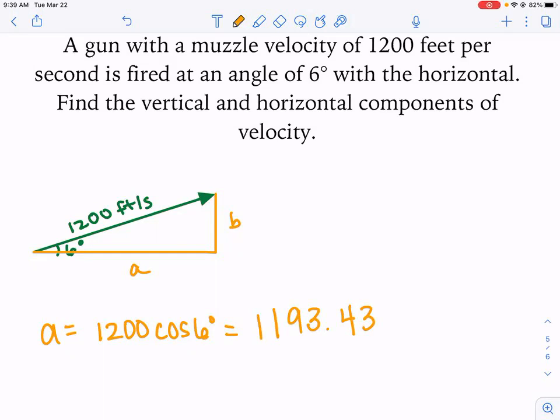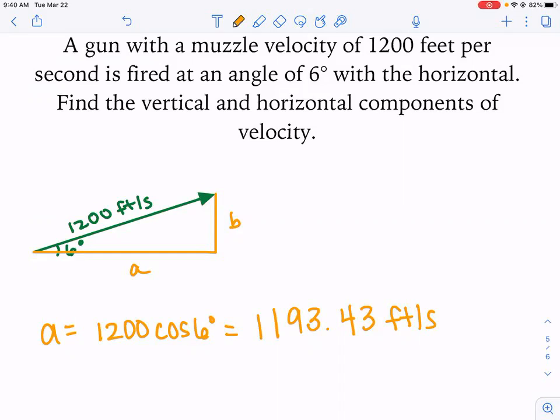Okay. And since our vector has a magnitude that we labeled in feet per second, so will the horizontal component. So what does this mean? If you were to lie on the floor underneath and watch the bullet fly by, you would only have the perspective of the horizontal movement.